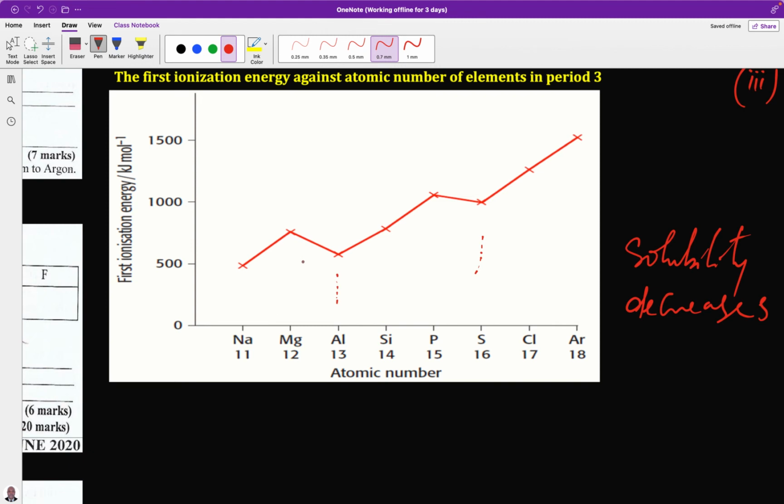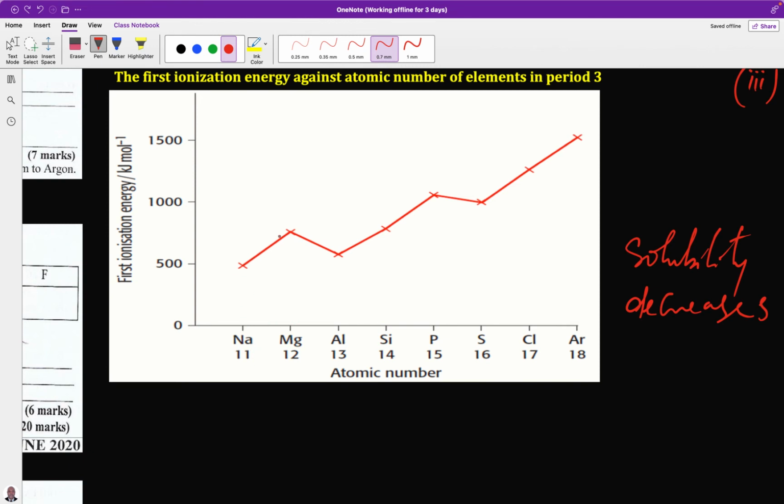So if you were to sketch the first ionization energy of the elements across the third period from sodium to argon.